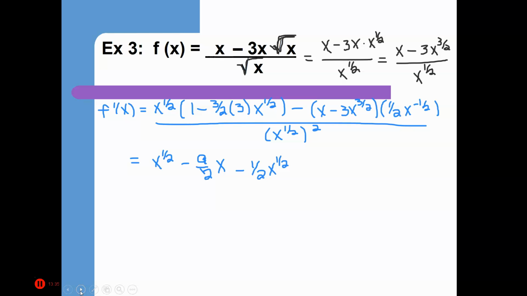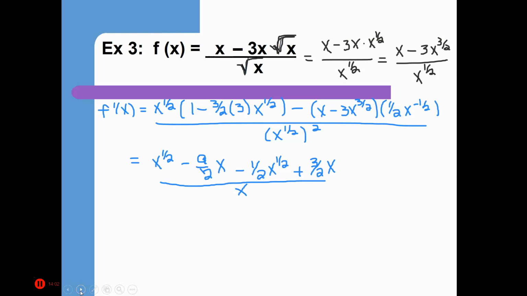Minus a minus is a positive 3/2, and x to the 3/2 minus 1/2 is x. And what's a 1/2 squared? It's just x.